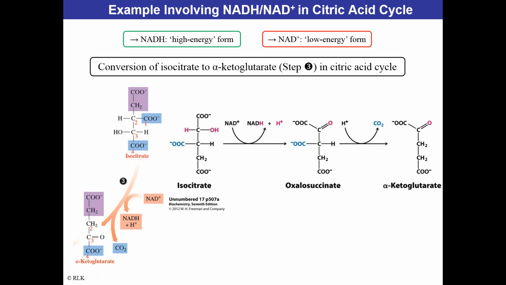Again, we'll be talking about that, but this is also just one of the steps that is native to the citric acid cycle. Isocitrate, as shown here in the cartoon on the left-hand side, is converted to this alpha ketoglutarate, but it can't be done without the presence of NAD+, which of course then gets reduced to the NADH.